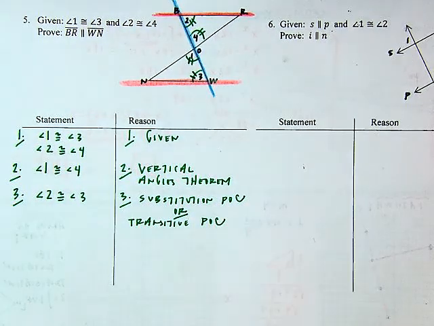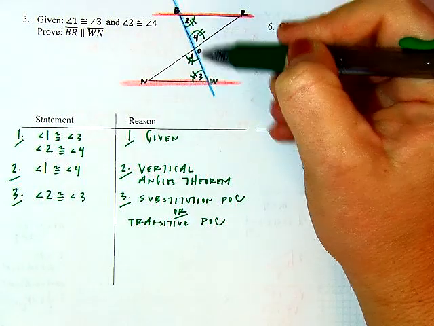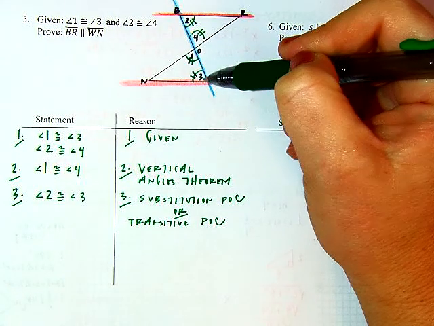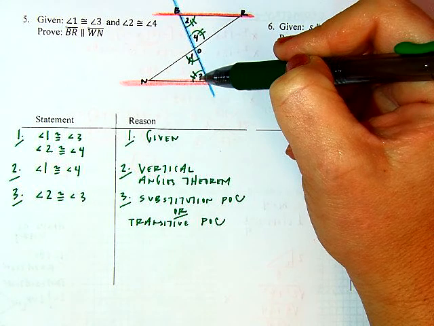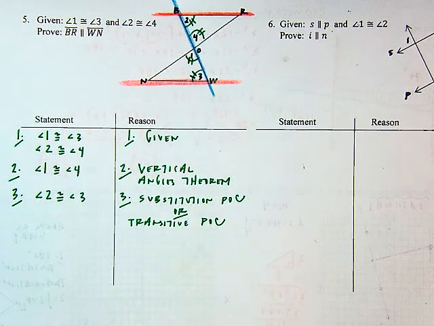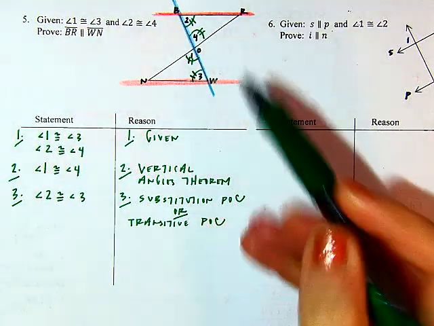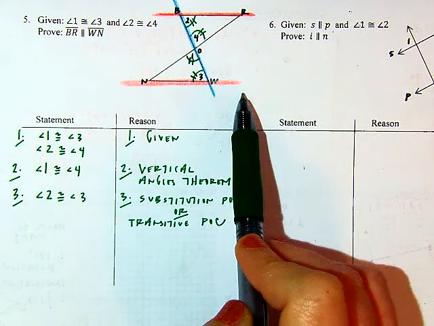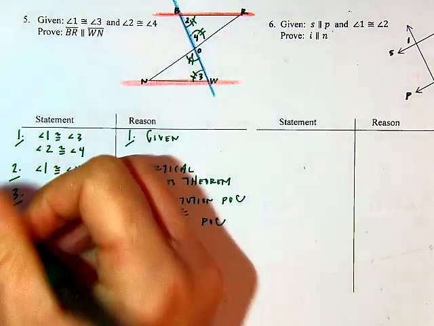All right, so if I can connect here 2 and 3 and say that those angles are congruent, what kind of angles are those? They're alternate interior angles. So if I have alternate interior angles that are congruent, then it's going to lock these lines into a parallel position. So ultimately these pathways are running parallel, so segment BR will run parallel to WN.